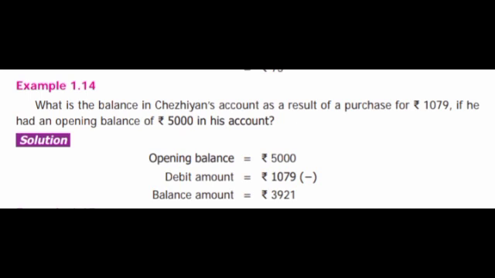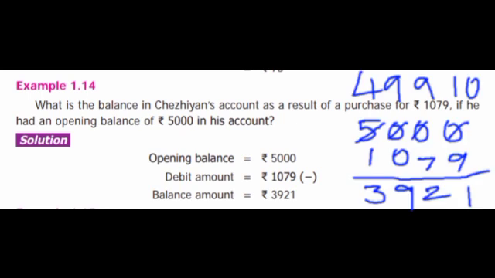For 1079 rupees he purchased something. So, debit amount equal to rupees 1079. How much is the balance amount? For that, you subtract 5000 minus 1079.